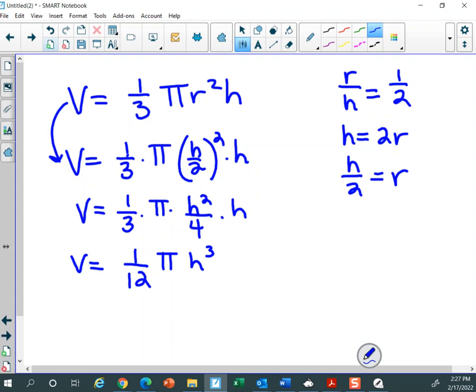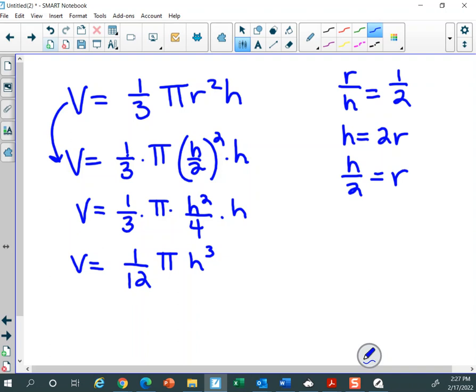I can find the volume just from the height, because I know in this particular cone, half the height is equivalent to the radius. And that relationship is consistent no matter how much water I put in the cone, because of similar triangles.